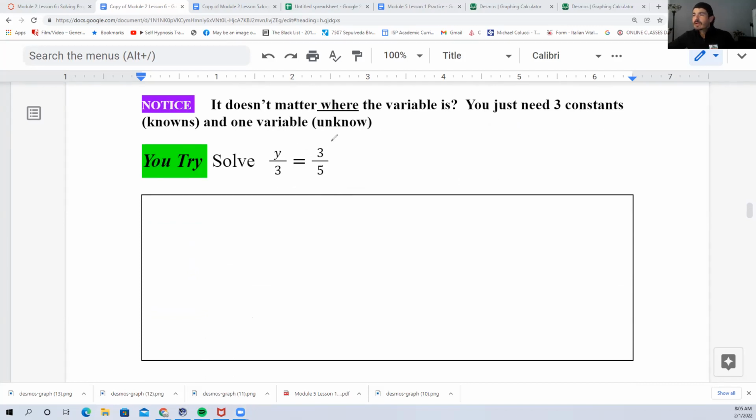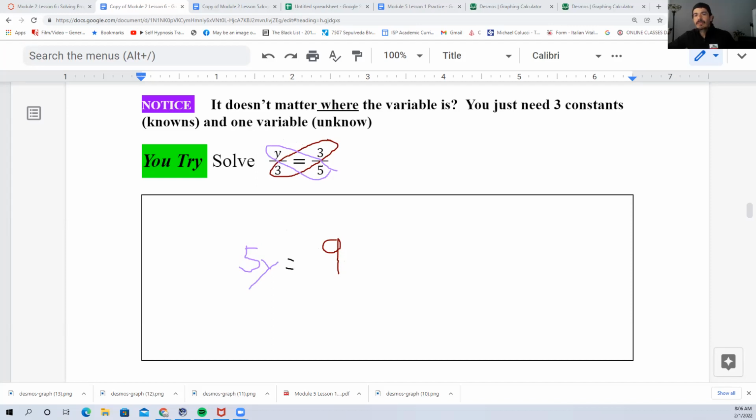So we're going to use this cross product rule. 3 times 3 gives us 9. y times 5 gives us 5y. Those 2 things are equal to each other.